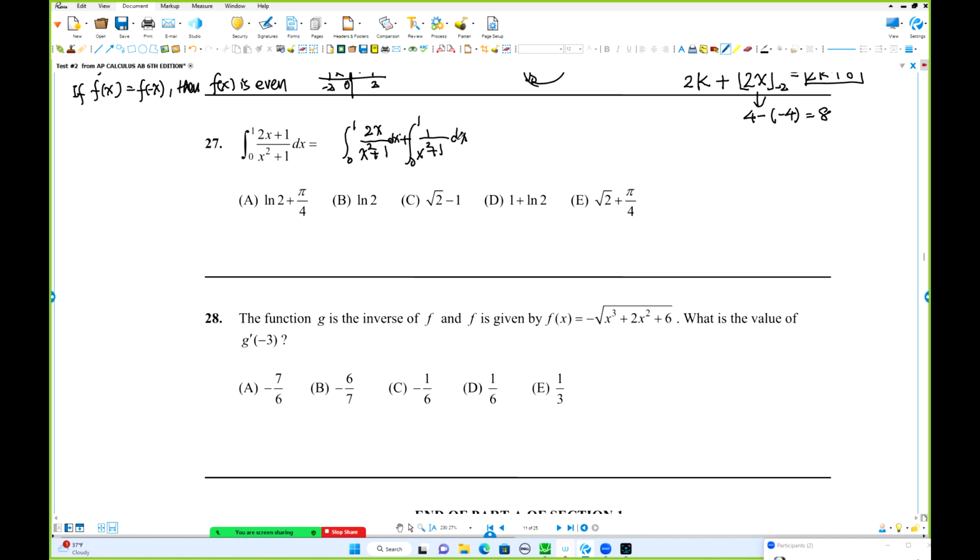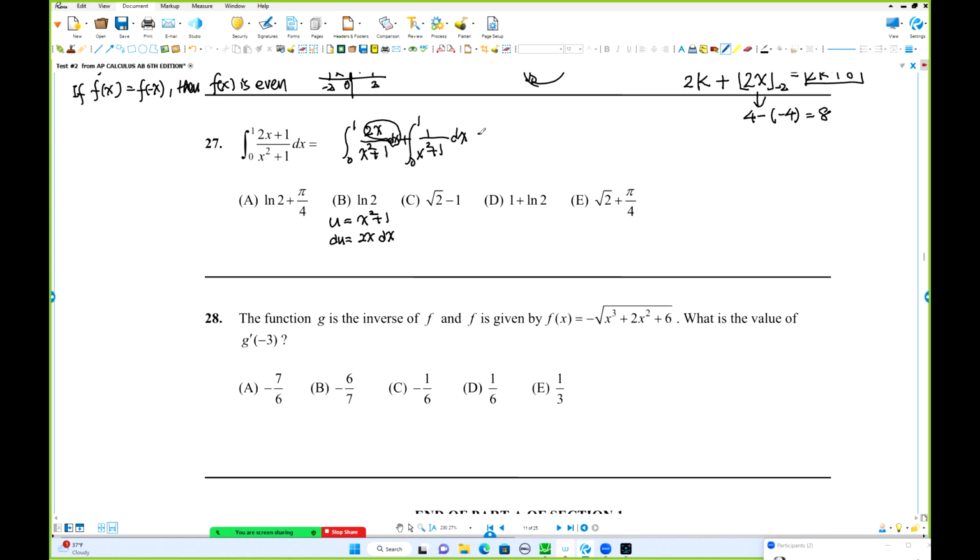Okay. The first term will be u substitution, right? I'm going to write down u equals x squared plus 1. du equals 2x dx. We already got 2x dx over here, okay. 2x dx equals du. Okay, so x squared plus 1 is u.